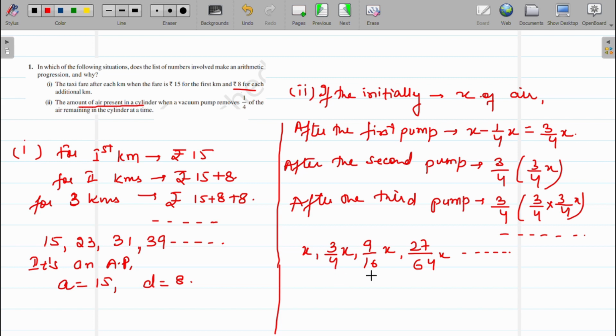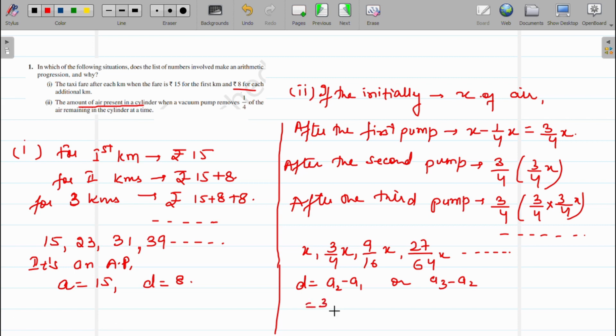Still, if we want to be sure, we can subtract. The common difference D can be calculated by subtracting A2 minus A1 or A3 minus A2, because every set of consecutive terms should give you D as the difference.